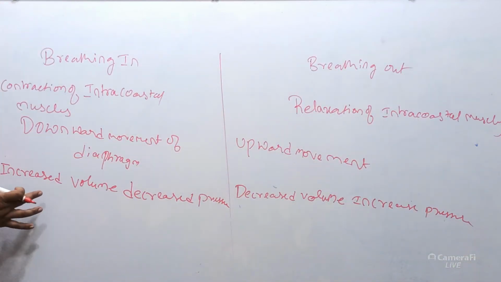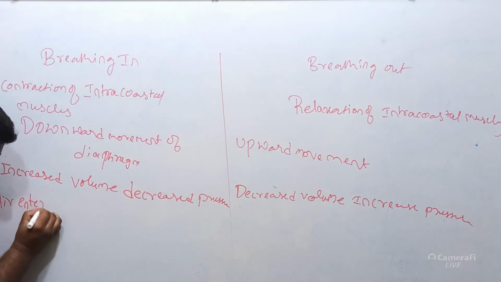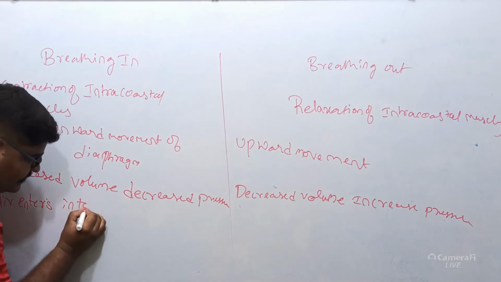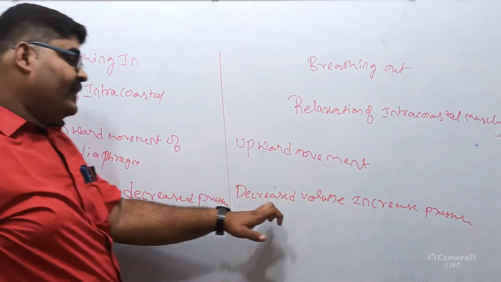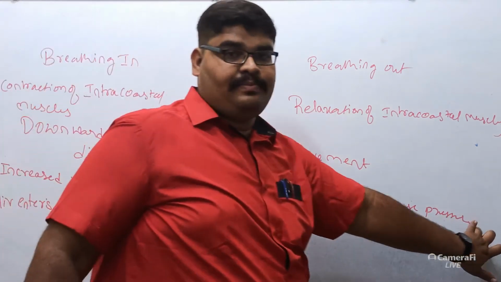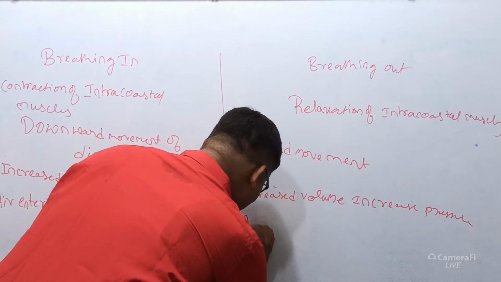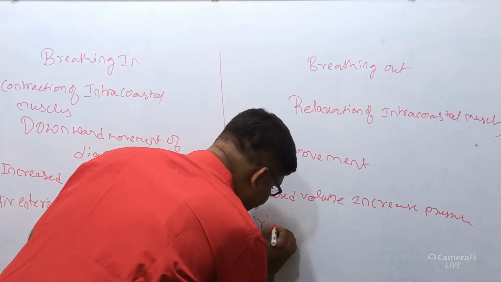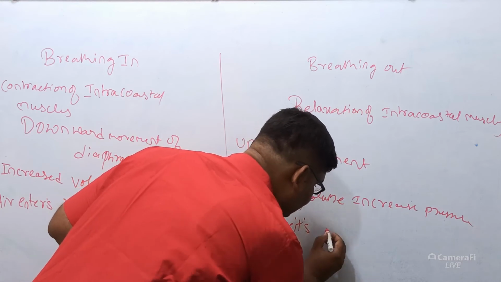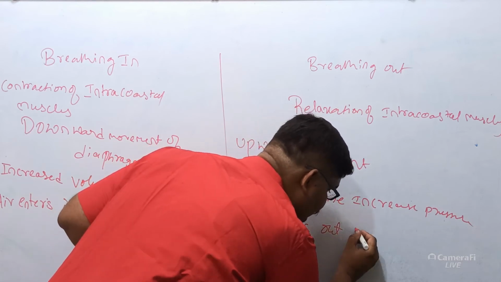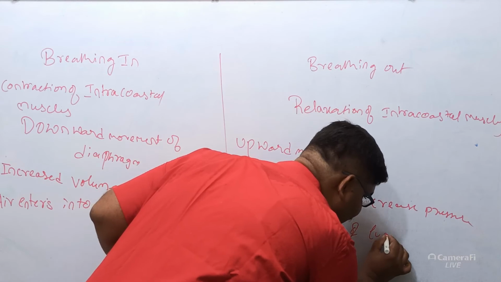Then due to increased volume, decreased pressure, air enters into lungs. So due to decreased volume, increased pressure, air exits out of lungs.